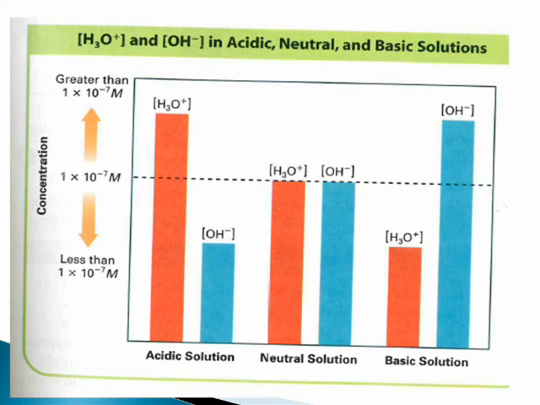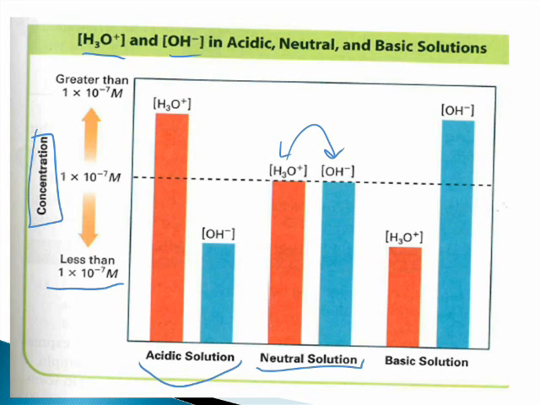So let's look at this: H3O plus and OH in acidic, neutral, and basic solutions. When we're talking about H3O plus, we're really talking about H plus. The concentration on the side here, if it's less than 1 times 10 to the minus 7 moles per liter, and then up here it's greater than. So right here, this dotted line, is neutral. In neutral solutions, we have exactly the same amount of OH and H3O plus, hydronium.